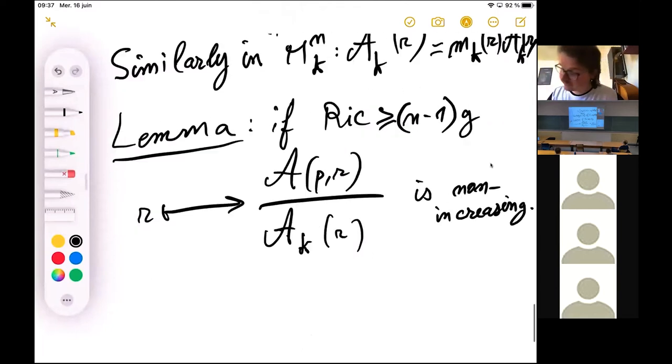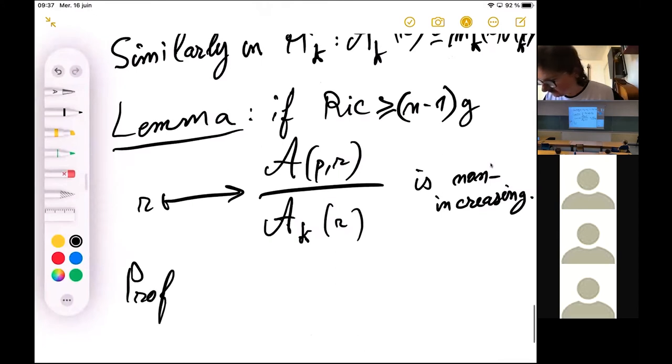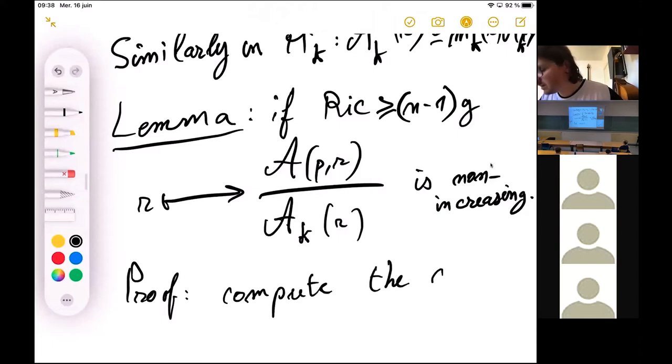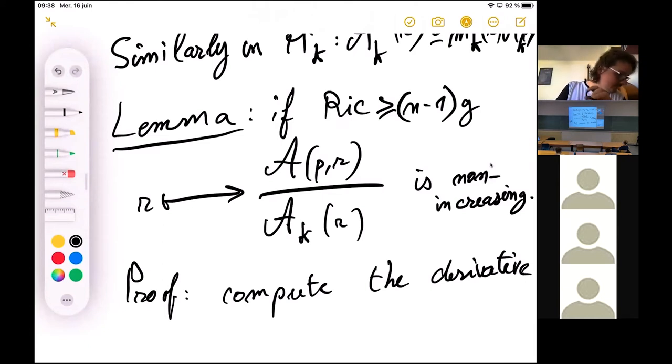This has several consequences, and the proof is: just compute the derivative and use what we said before. So you will compute the derivative and see that it's negative.